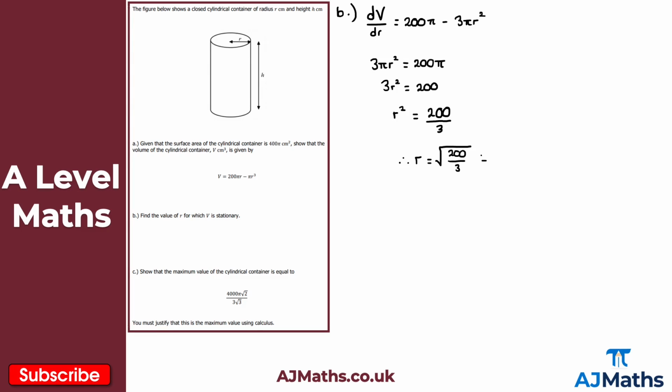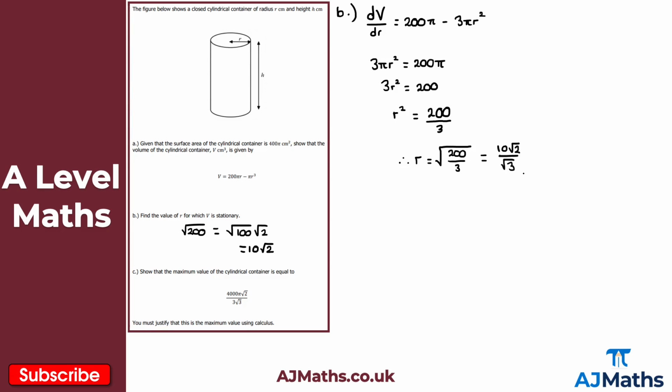This is the same as the square root of 200 over the square root of 3. Obviously, we can't do anything with the square root of 3, but the square root of 200 is the same as the square root of 100 times the square root of 2. So clearly that is 10 root 2. That's 10 root 2 over root 3.